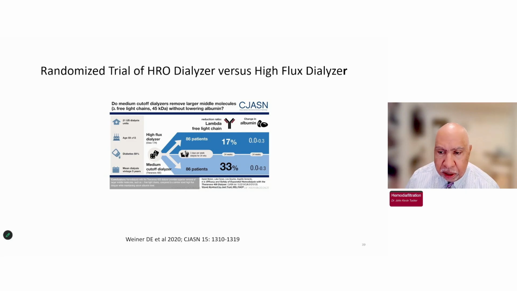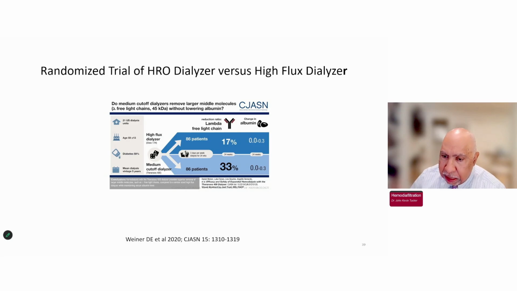So this is a trial that was published in CJASN looking at one of these medium cutoff dialyzers versus a high flux dialyzer. A relatively small trial, randomized about 86 patients to each of the two groups. And you can see that the medium cutoff dialyzer had better removal of lambda-free light chains compared to those who were randomized to the high flux dialyzer.